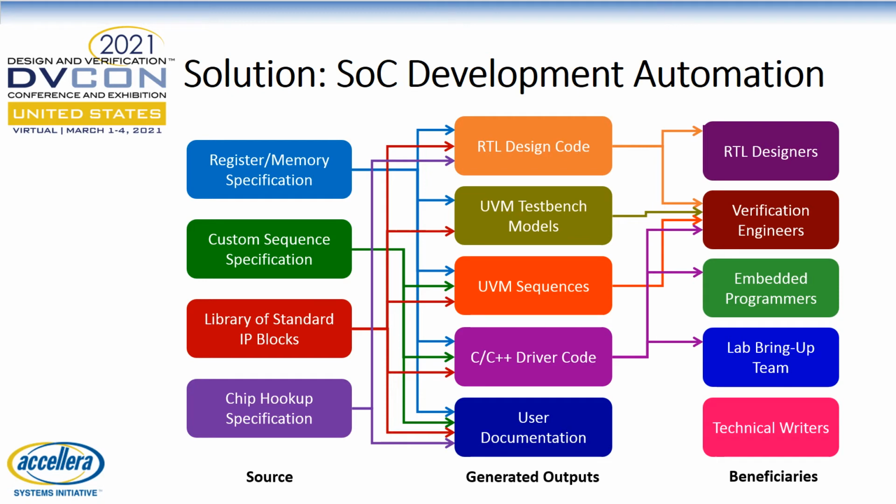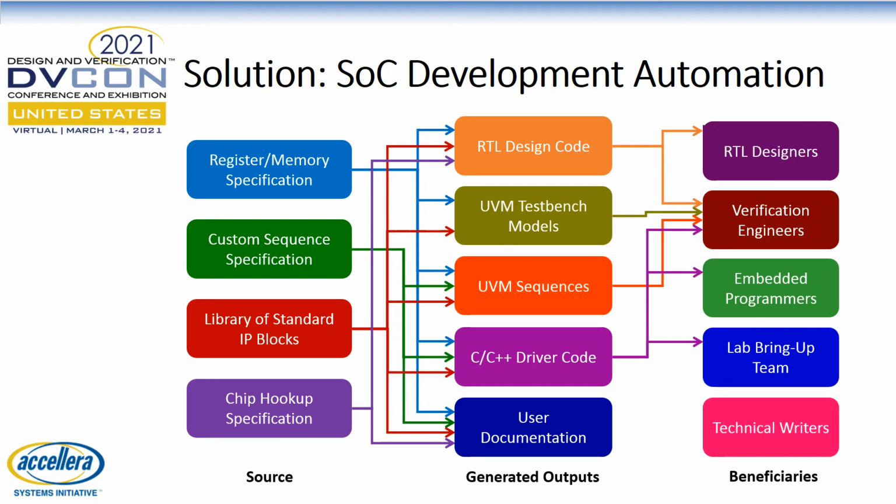The driver code, C++ code, goes to the verification team for the validation portion of their efforts. So when they actually are downloading this code and running it in embedded simulation models of the embedded processors, they're doing a hardware-software validation effort. But the C++ driver code also goes to the embedded programmers who are using it as building blocks for their firmware and their other types of low-level programming code, and being run in the lab by the bring-up team.